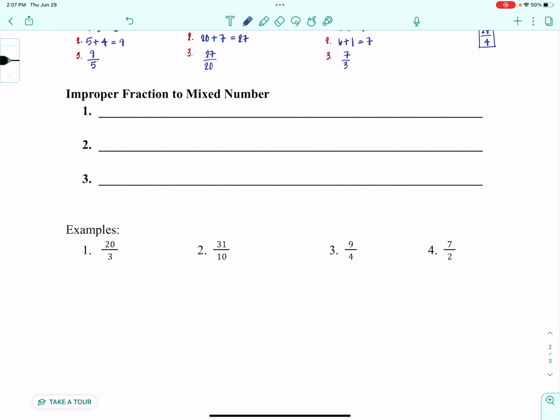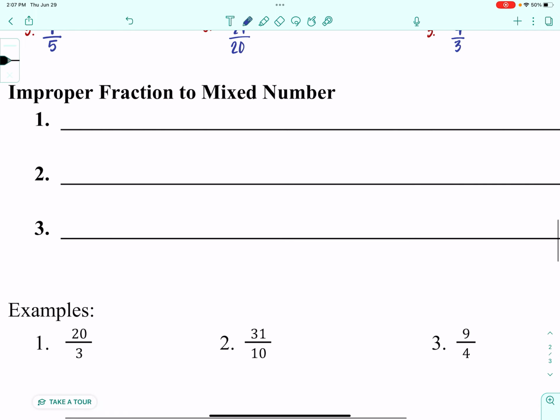So now we're going to do this the other way. We are now going to go from an improper fraction to a mixed number. So to do this, we are going to go way back to elementary school. We are going to go back to when you first learned long division.